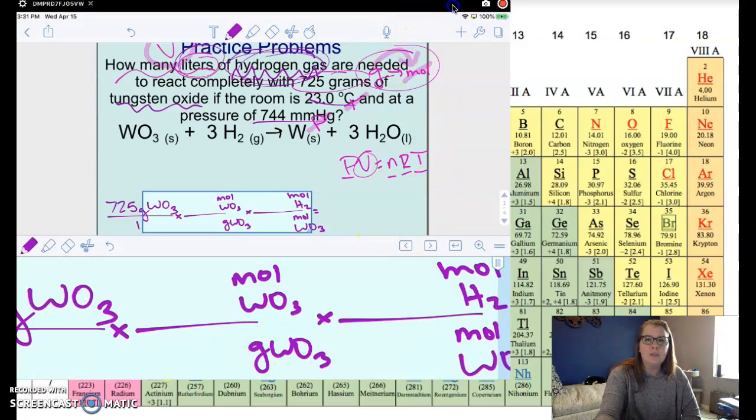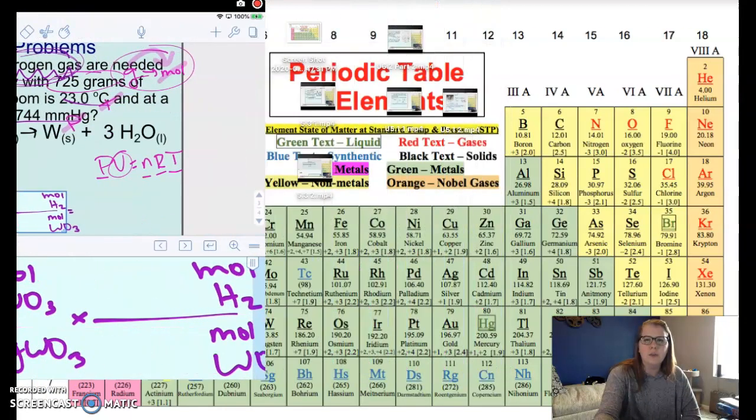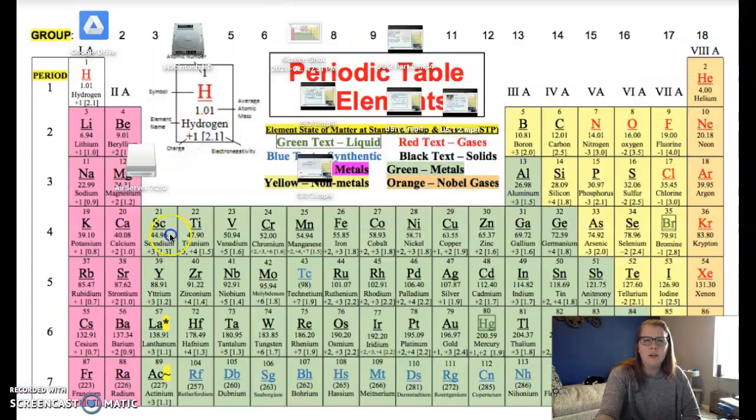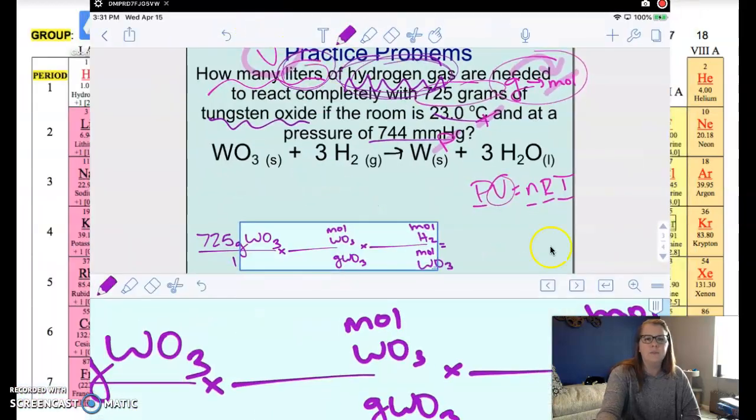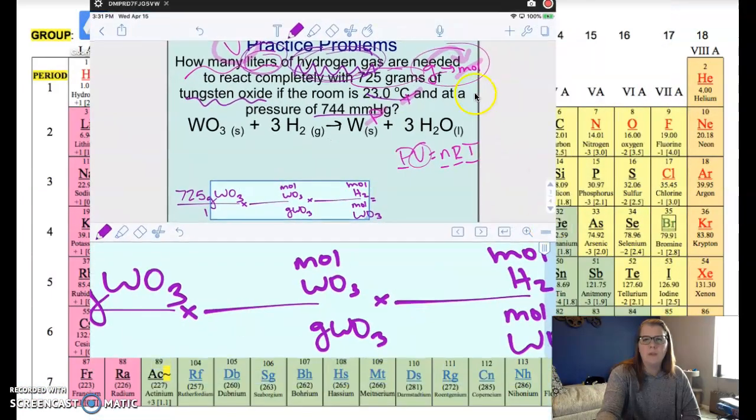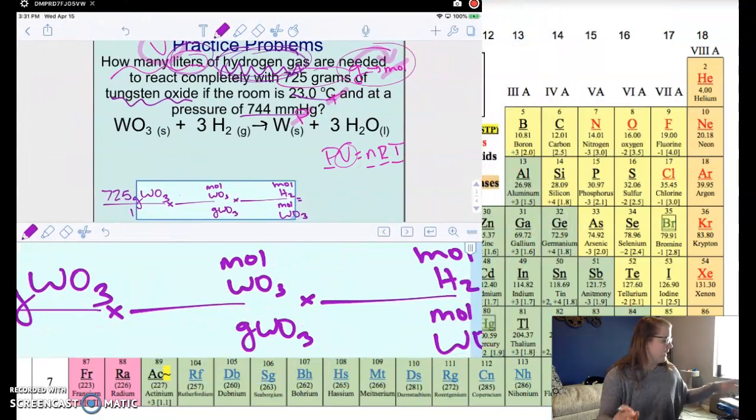So we need the molar mass of tungsten oxide. Just as a review, you would find tungsten, I found you, 183.85, and then I would add that up with 3 oxygens. So 183.85 plus 16 times 3.